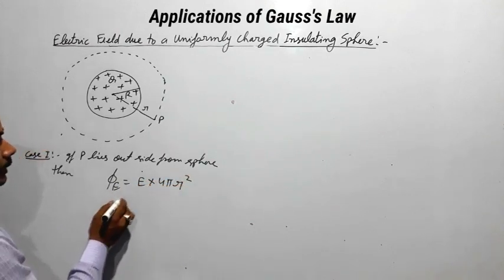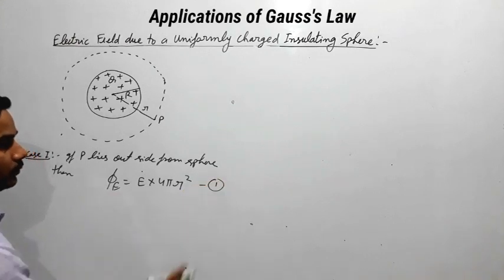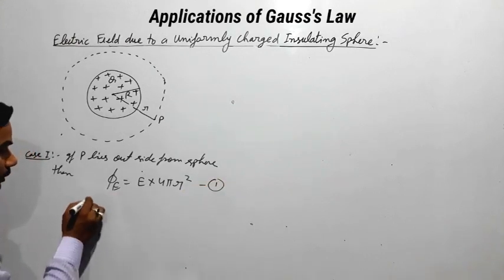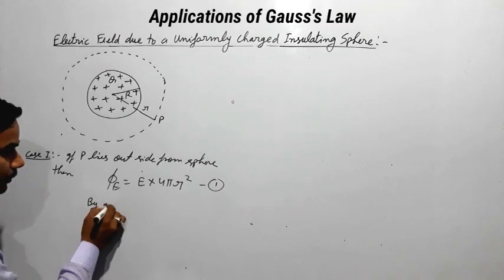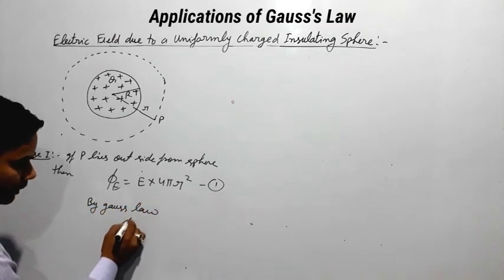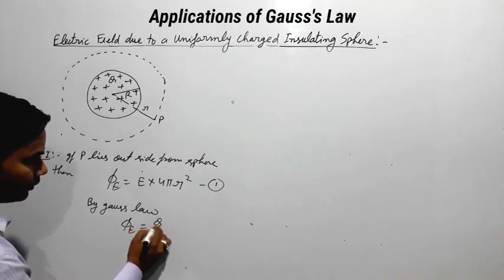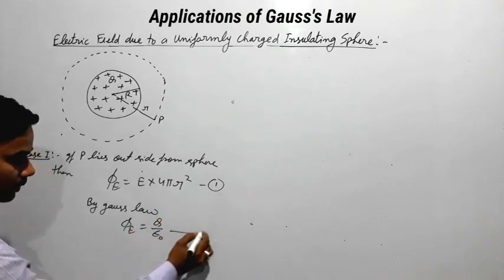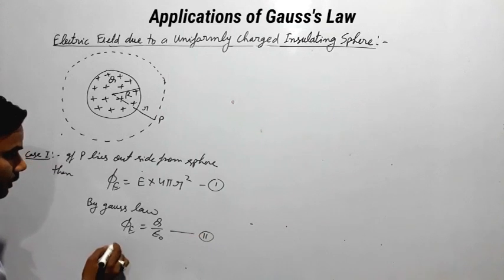Okay, this is equation 1. Now by Gauss law, this will be phi E equals to Q upon epsilon naught, equation 2.